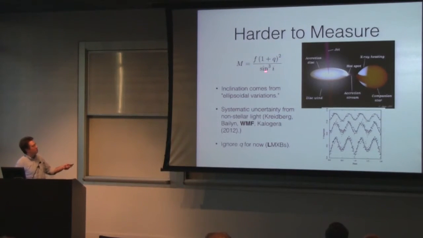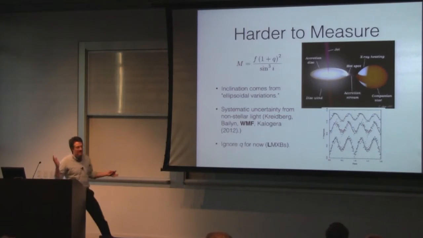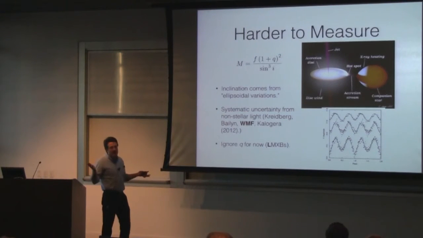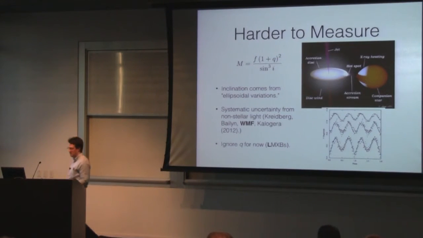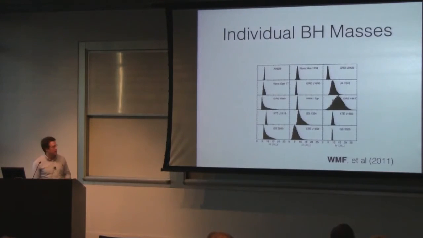But we aren't very certain, particularly about the inclination. So this can vary. The inclination might be, say, 60 to 80 degrees. So we know what that translates to in a range of denominators here. Oh, I see. So to the extent that you can measure i and Q, it's actually a measurement. That's right, it is actually a measurement. But even if you can't measure i and Q, you still can.